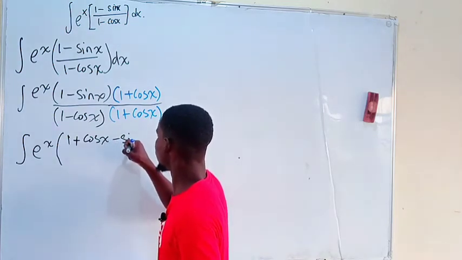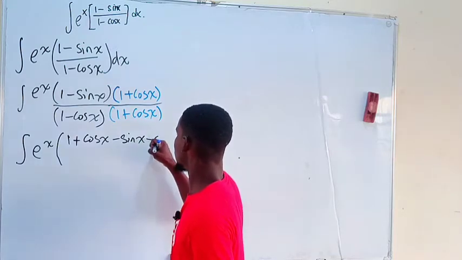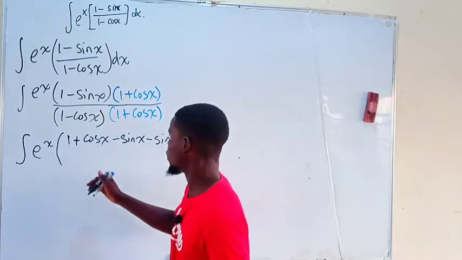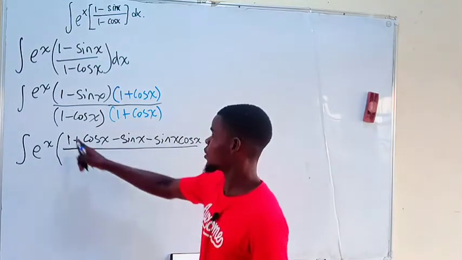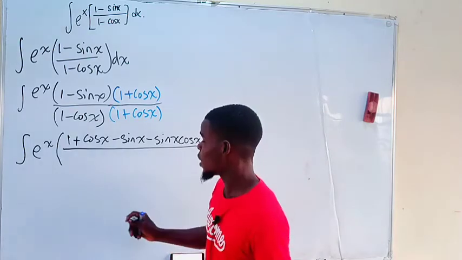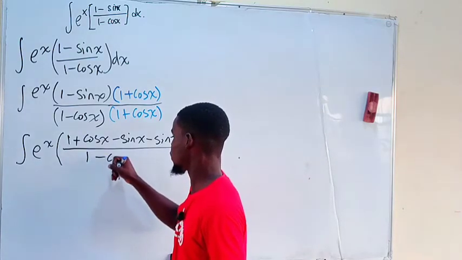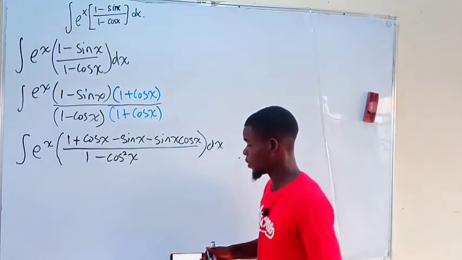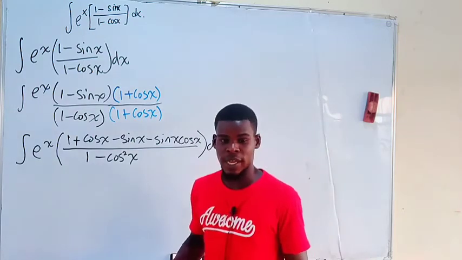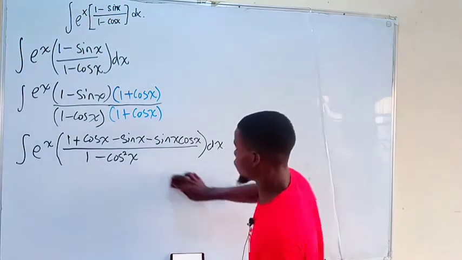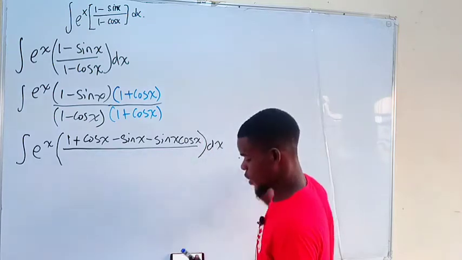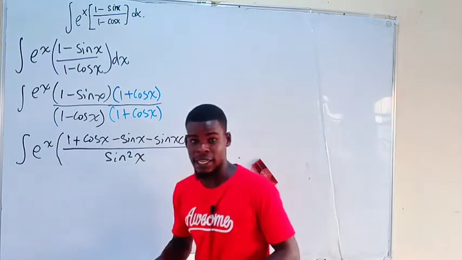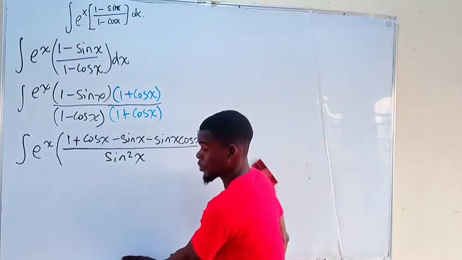Minus sine of x, and then minus sine x cosine x, and then at the bottom, since this is just the positive and the negative, the other terms are the same, I can rewrite this as a difference of two squares, that is 1 minus cosine squared x. Good. And we put down the dx over here. Anyway, 1 minus cosine squared x is just sine squared x, so I can replace this denominator with sine squared x, right? That is just a trig identity.